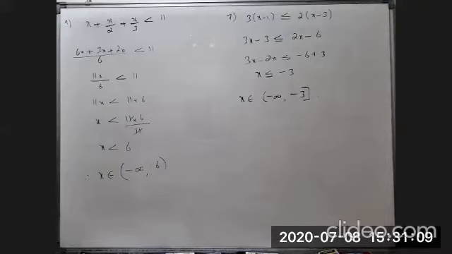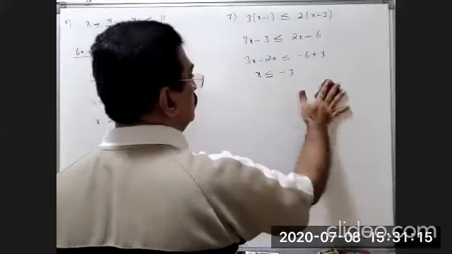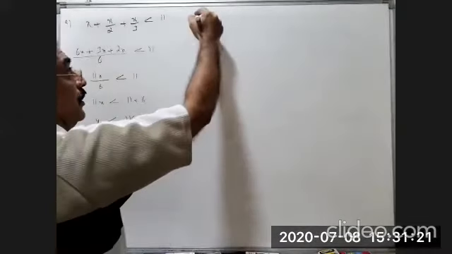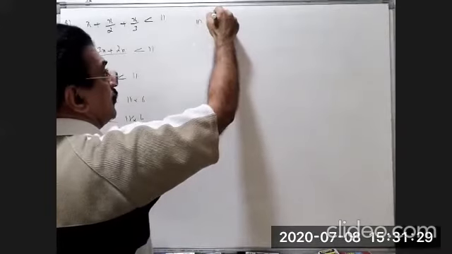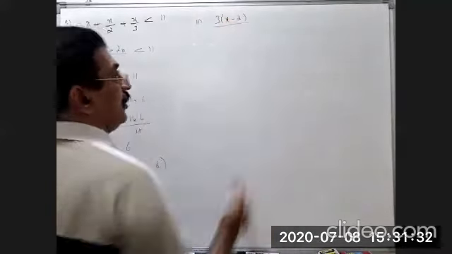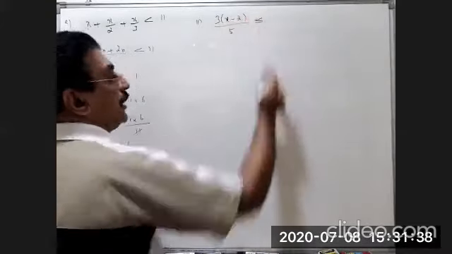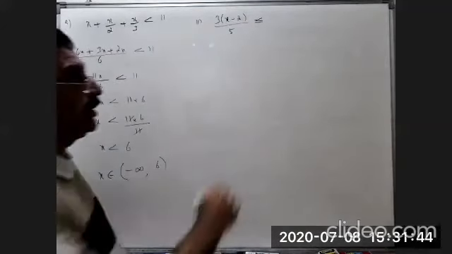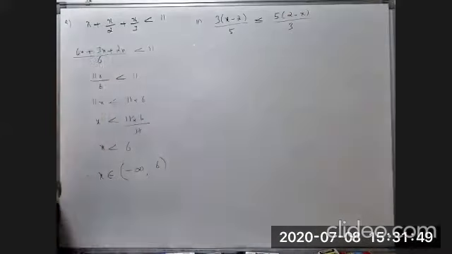Now question 11. 3 into x minus 2 by 5 less than or equal to 5 into 2 minus x by 3.